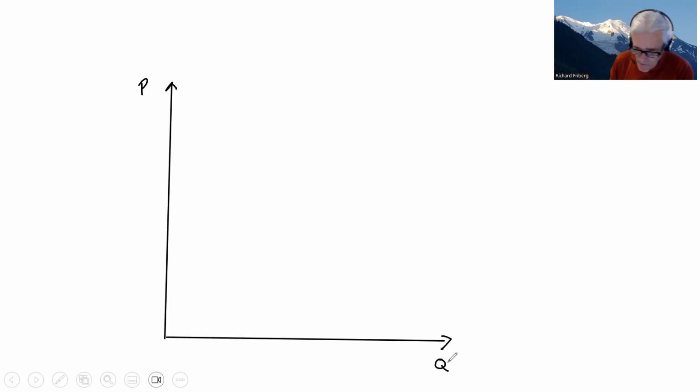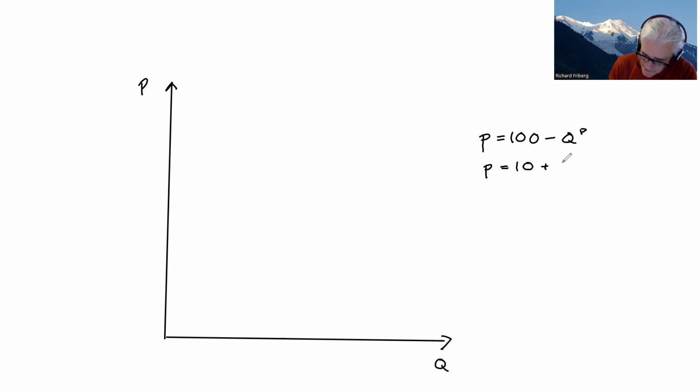There's going to be demand, say 100 minus QD, quantity demanded, an inverse demand curve like this, and there's going to be a supply, and supply is coming from private profit maximizing. Okay, so it's a competitive supply, and let's draw these two, the supply and demand curve.